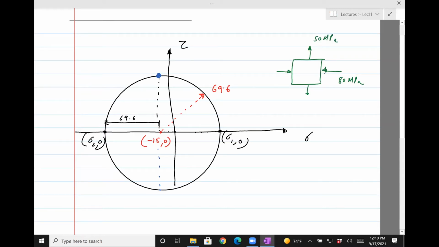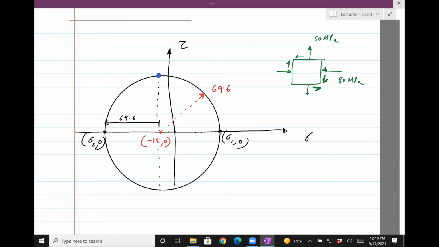And then we had shear force acting downwards on face A. So this is face A, and that's say face B. So A and B.